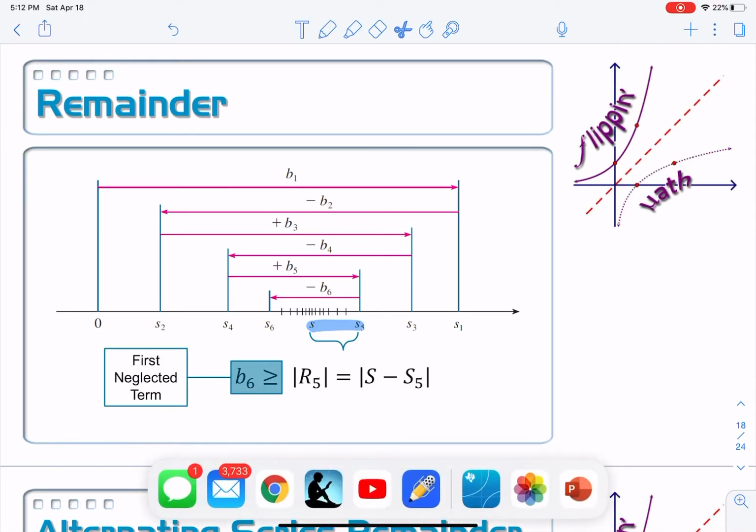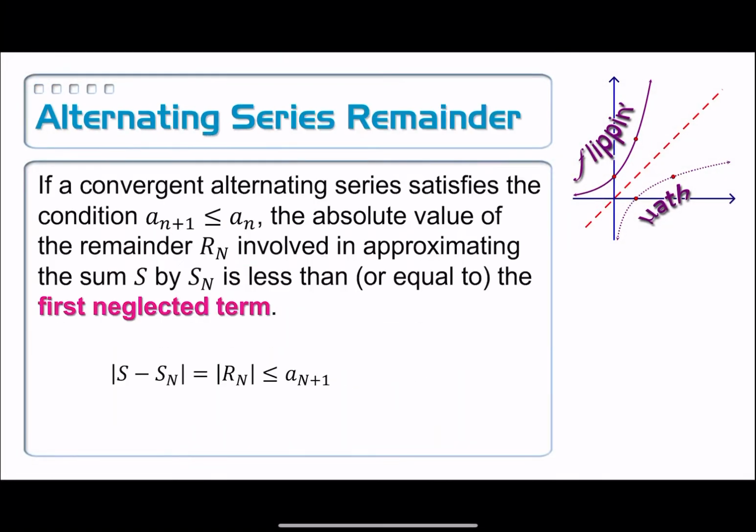And that brings us then to the formal statement of the alternating series remainder. If a convergent alternating series satisfies the condition that a sub n plus 1 is less than or equal to a sub n, in other words, the terms are decreasing, and that's why the picture that we were looking at made sense, because our terms are decreasing. I'm subtracting or adding a little bit less than I had from the previous term.